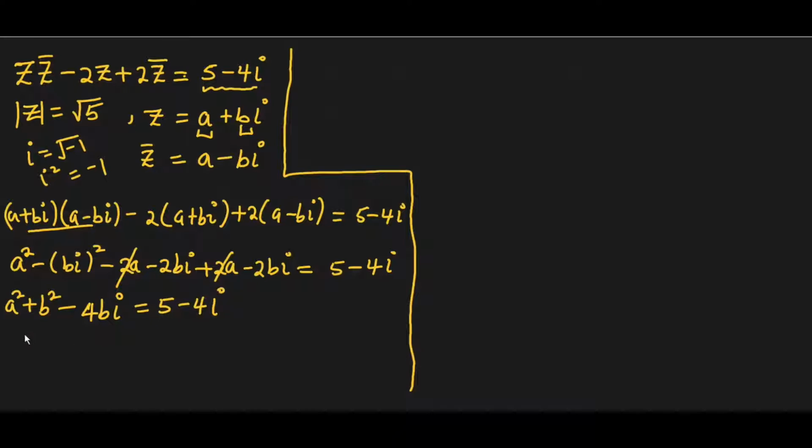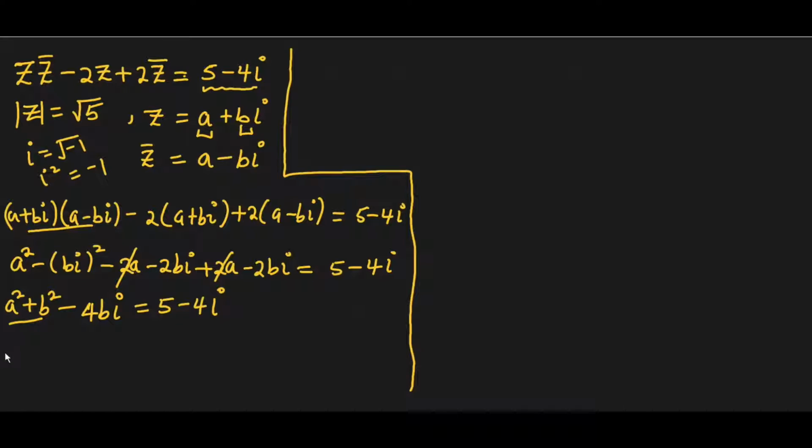So in this case, we can say that this part here is all real and this part is all imaginary. From this, you can either group all the reals on one side and the imaginary on one side and remain with 0, and so you equate the real to 0 and the imaginary to 0, or you can choose to equate the imaginary on this side to the imaginary on this side and the real on this side to the real on this side.